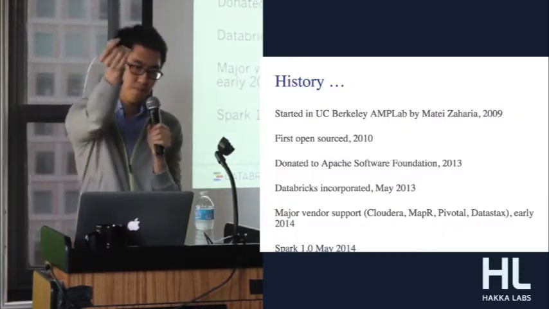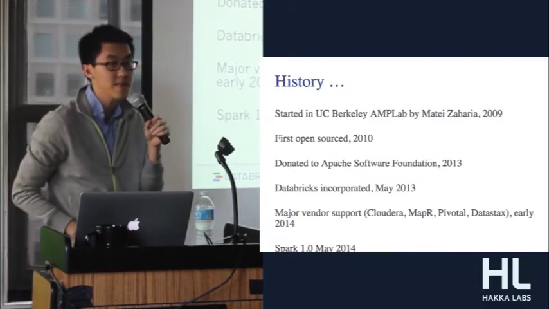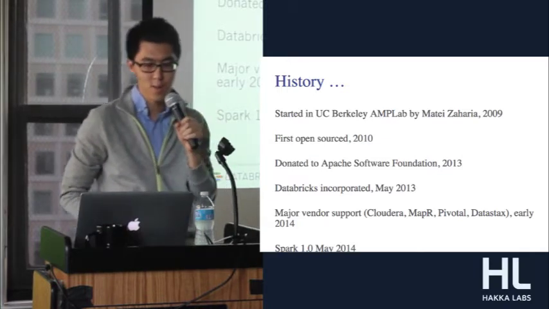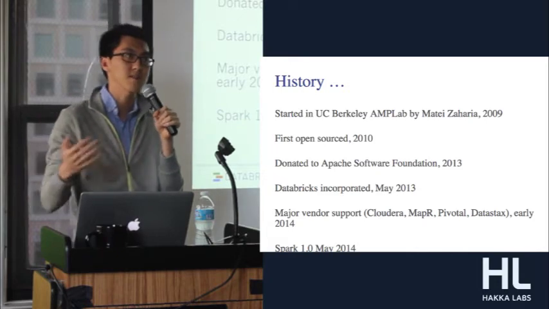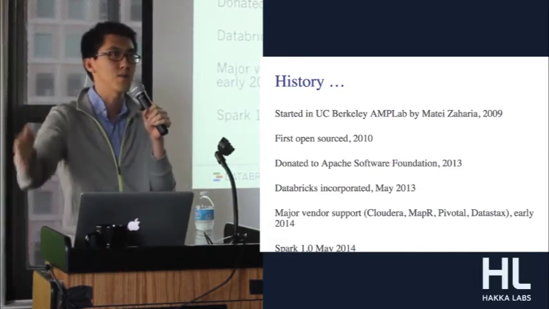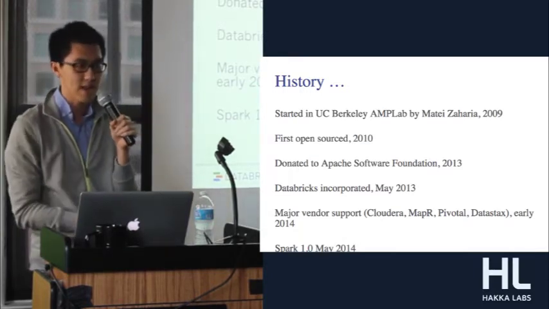Spark has come a long journey since the beginning, where in 2009, Matei Zaharia, at the time a PhD student at the UC Berkeley AMPLab, started Spark as a toy project. The first version only had about 600 lines of code. You can still go to GitHub and look it up. It could only do maps, and basically it was a parallel task runner.